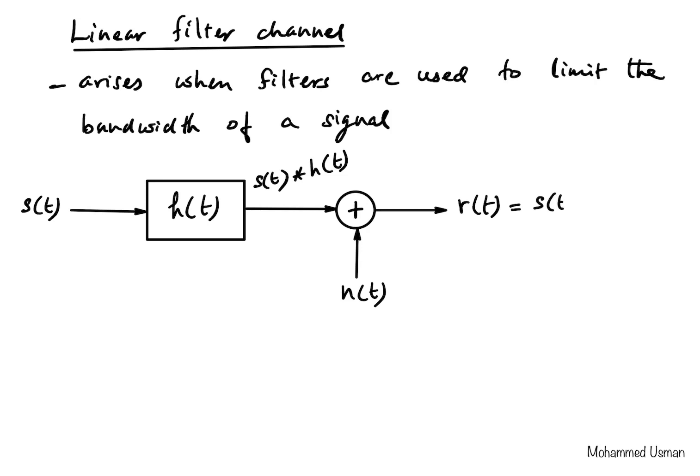So the received signal is the convolution of the input signal with the impulse response plus the noise signal n of t. So that's the next model we have, which is called the linear filter channel with additive noise.